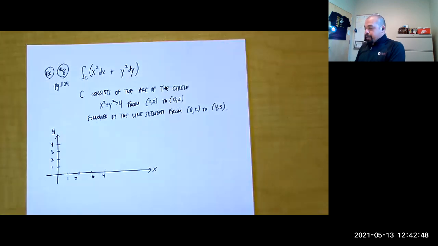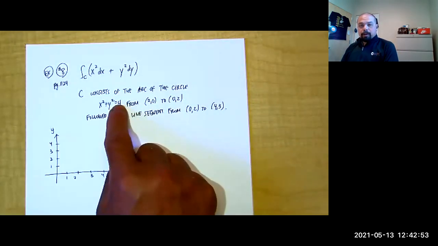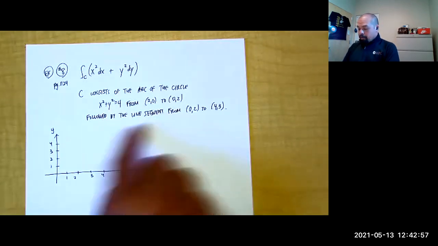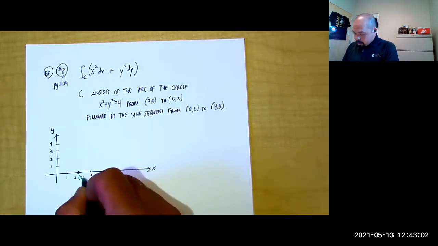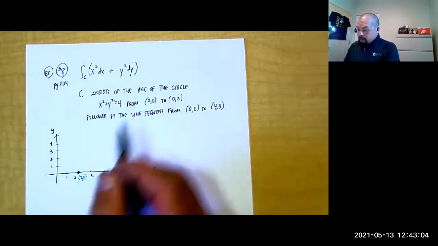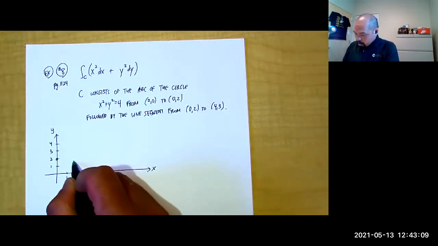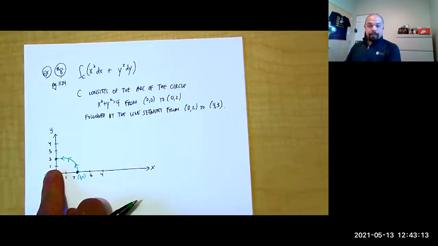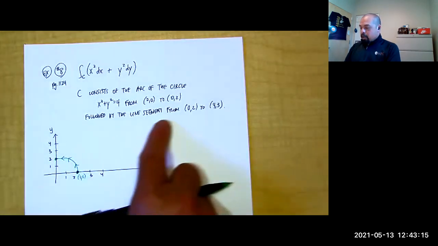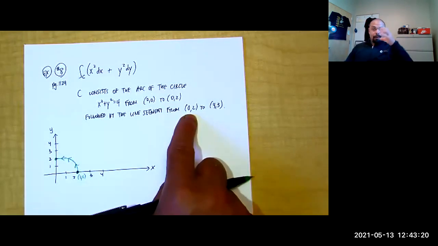Okay, here we go. So we're starting off with this arc of a circle, x squared plus y squared equals 4, right? Circle, center at the origin, (0, 0), radius 2, going from (2, 0), there's my starting point, up to (0, 2), x is 0, y is 2. So this part of our arc of our circle, boom. And then after that, going to this segment, and this should be hopefully connected, this pathway, not broken up.